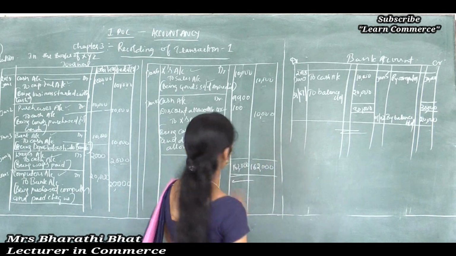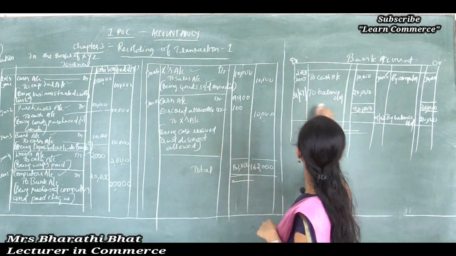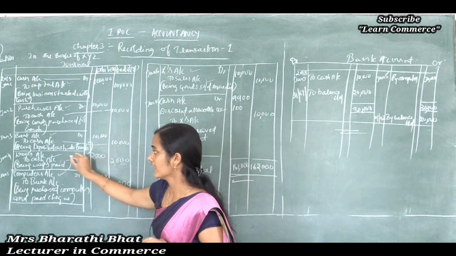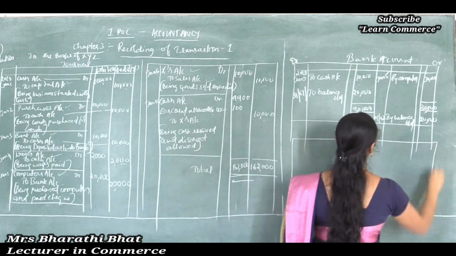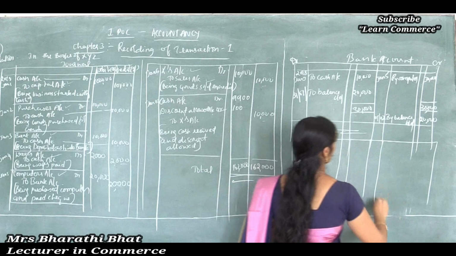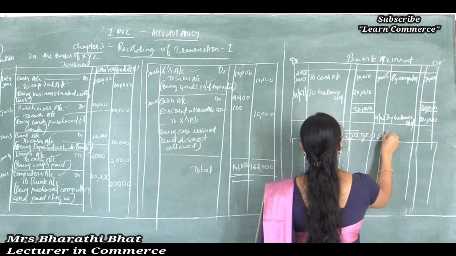And the next one is bank. Bank account is completed, cash account we already took, and the next one is wages account. Very simple, only one transaction is related to wages account. So next one, wages account.